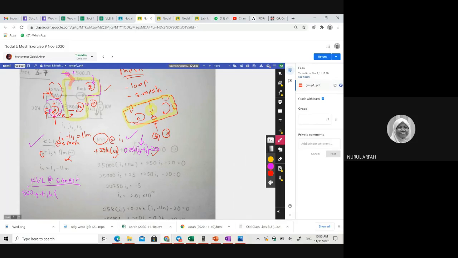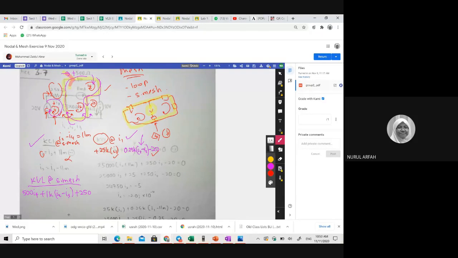And 1 kilo. Since 1 kilo is shared between these two, you should focus on this boundary first. So this is I2, right? I2 minus the opposite, which is I3. And then the current is entering 250, so you have a plus 250.